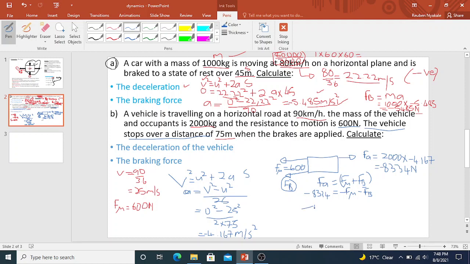Now you'll be having negative FB equals negative 8,334 plus 600. The 600 is given.